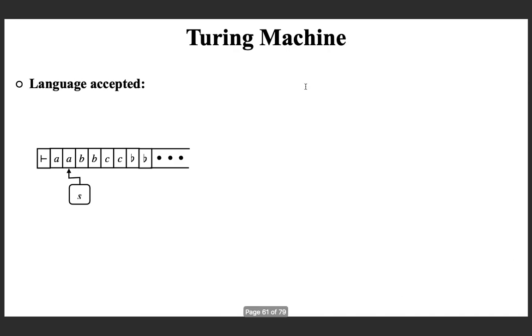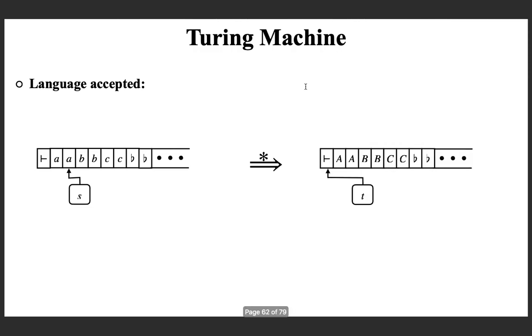Now, proceed and see the language accepted. Here again the criterion is same as that of a linear bounded automaton. You are accepting the input, say a square, b square, c square, if you are reaching the state T during the computation. So, it does not matter where the read-write head is positioned and what the content of the tape is.